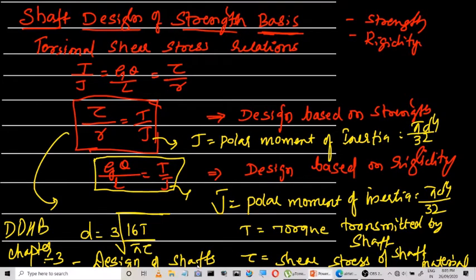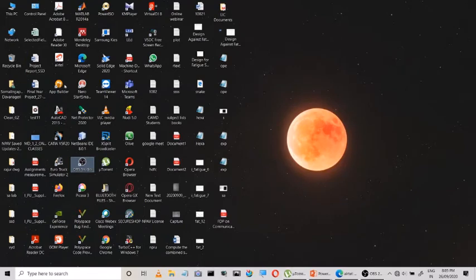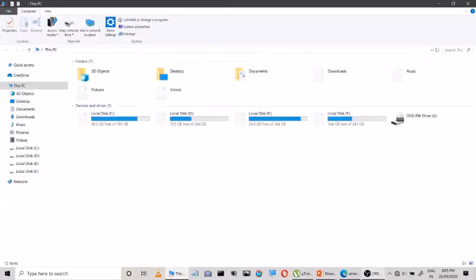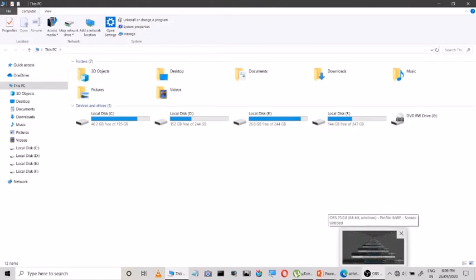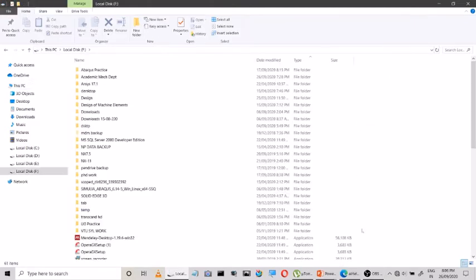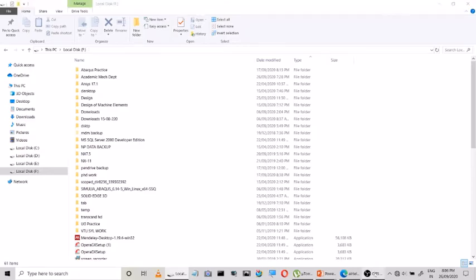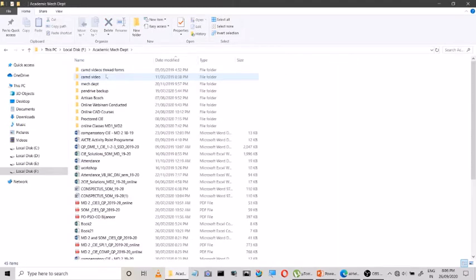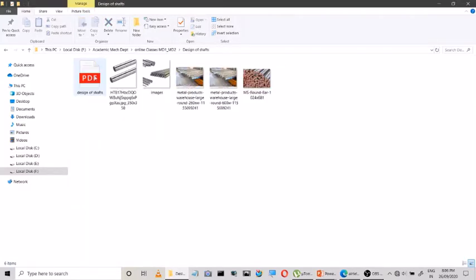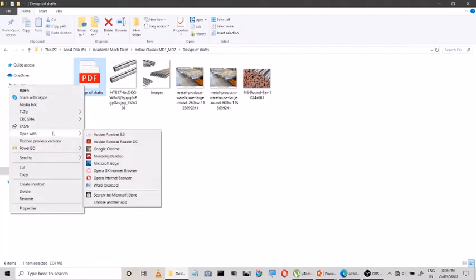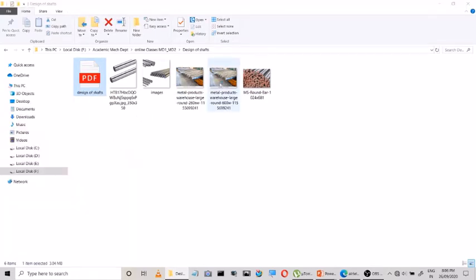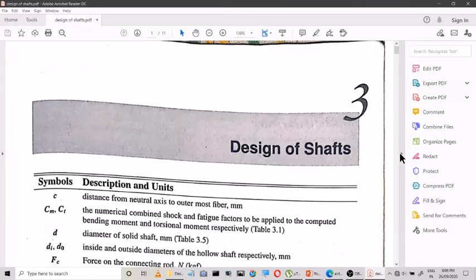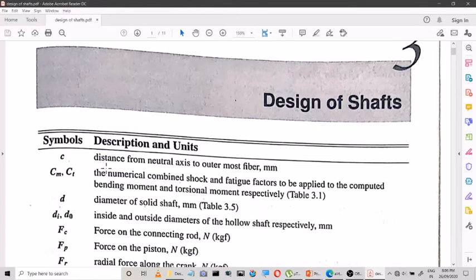Okay, so now let us look out here. Now this is the design of shaft. So here you can just check out.